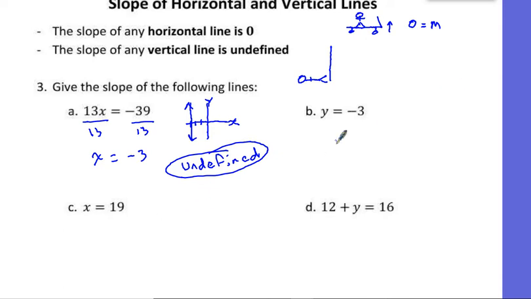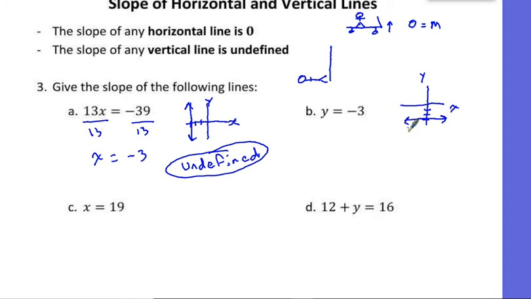Letter B, y equals negative 3. Y is already isolated. And we saw earlier in this video that horizontal lines were in the form y equals a number. Again, if you don't remember that fact, here's x, y, y is negative 3, so here's our line.